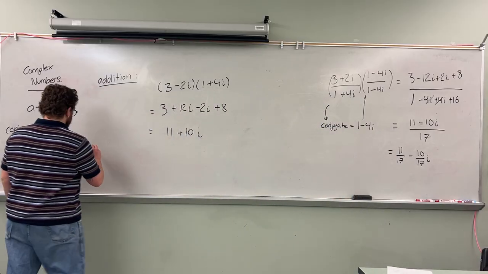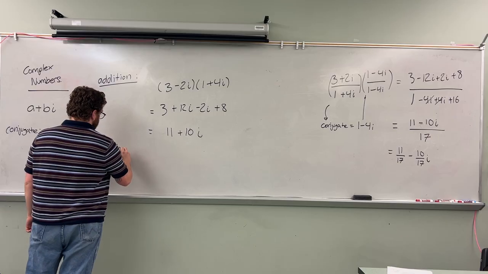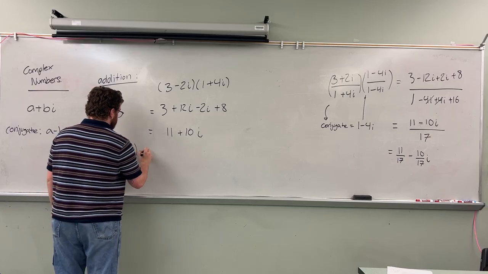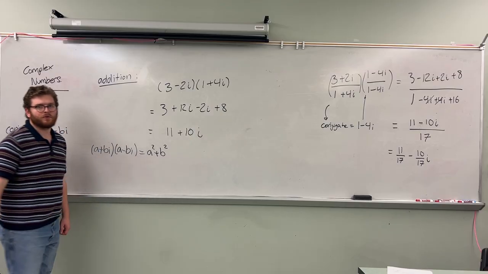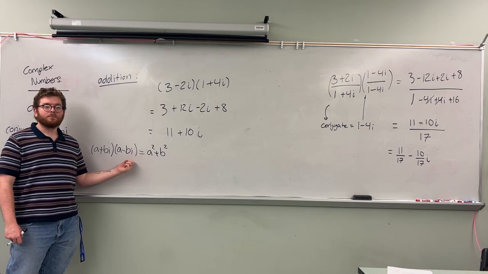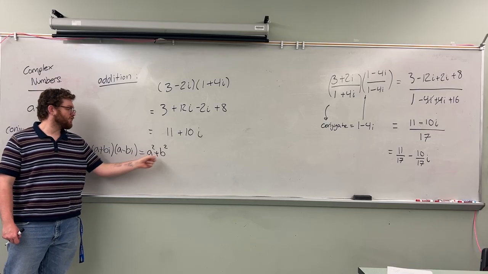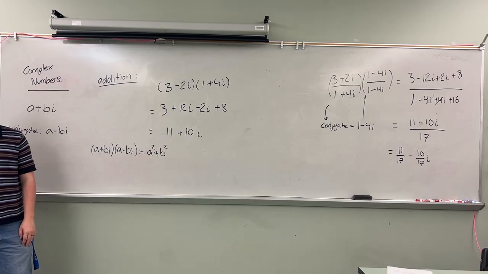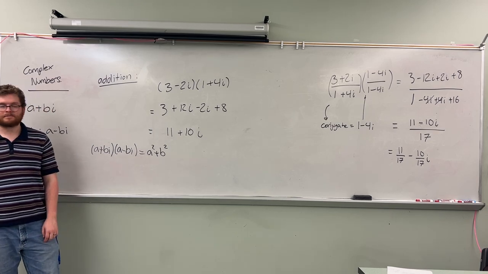In general, a plus bi times a minus bi equals a squared plus b squared, which is what I wrote beforehand. So the product of the number with its complex conjugate is the sum of the squares of the parts. That's just how to say in words what I've written here.